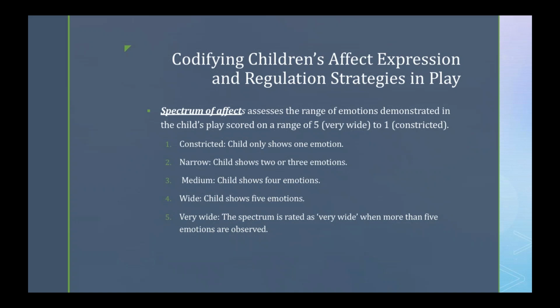In that case, because of the amount of repetition, I would code for anxiety, because of how much the child goes over the same behavior over and over again. So you can do some clinical inference, but it's best not to do that too much so that there is reliable coding.